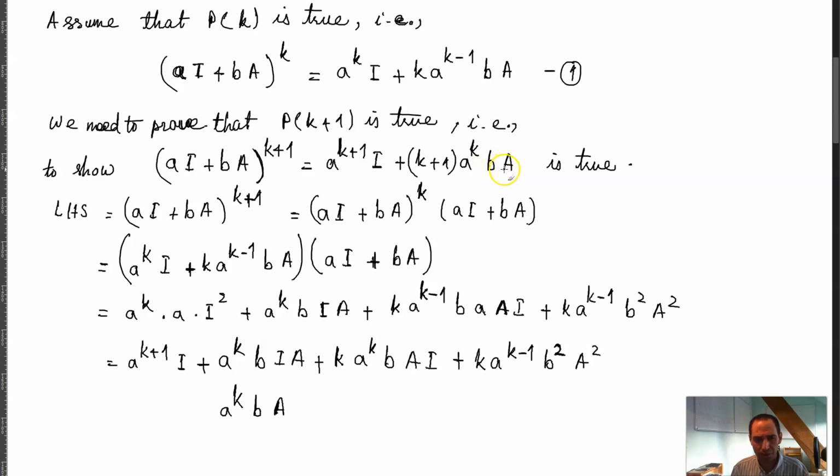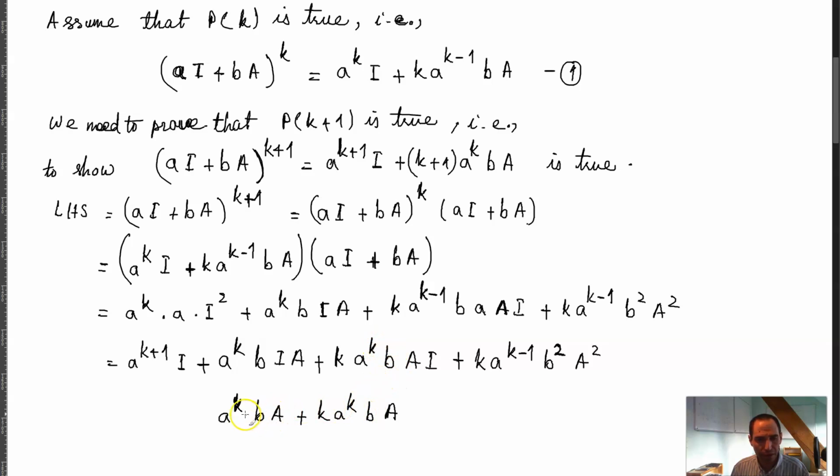Here. So what I'm going to do is write this as simply A raised to the power K times B times A plus K times A raised to the power K times B times A. I'm just going to forget about the I's, because when you multiply them, you'll get the same thing.